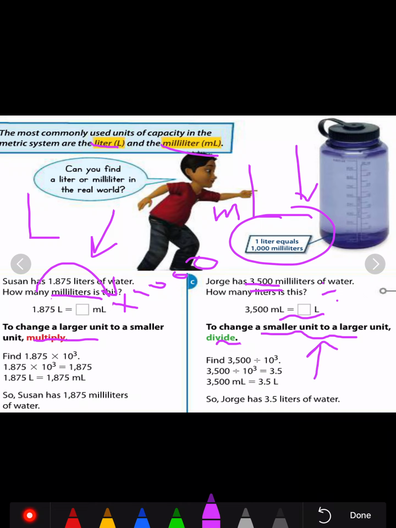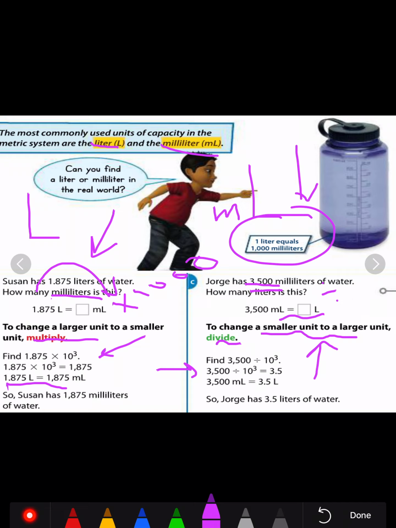As we said here, of course, we can say 1000 or 10 power 3. So in this case, when we multiply by 10 power 3 or 1000, we just move the point 3 steps or 3 places to the right. It becomes 1878 milliliters.